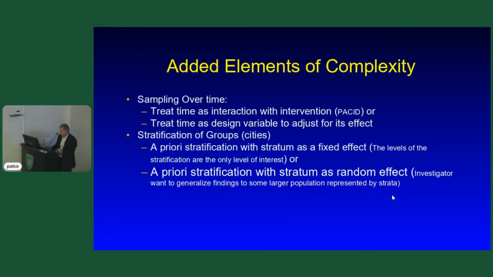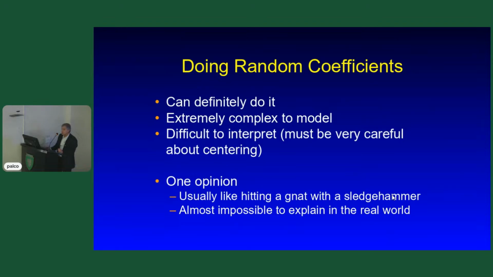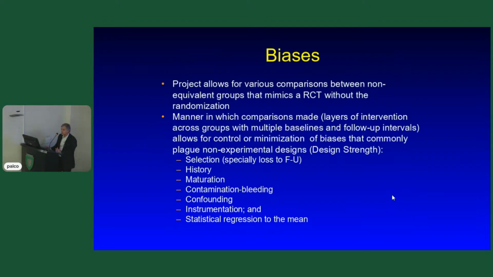Doing random coefficients is more for your statistician. Biases, everything is possible. I did not eliminate bias because this is a quasi-experiment. It's not a randomized design. It's not a strict control of the delivery and the offering of the intervention. Actually, I'm documenting the variation of the delivery of the intervention.